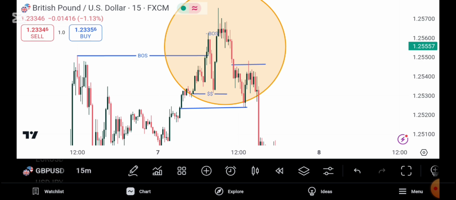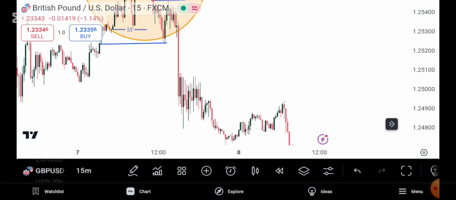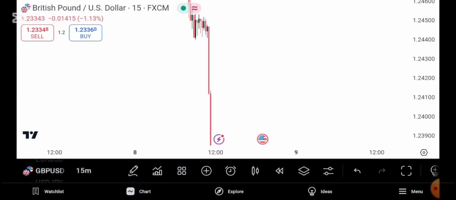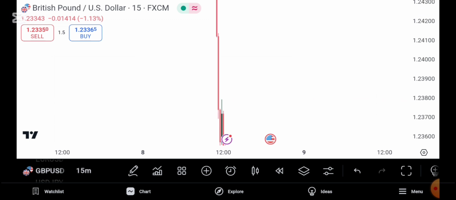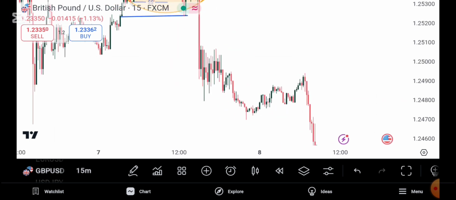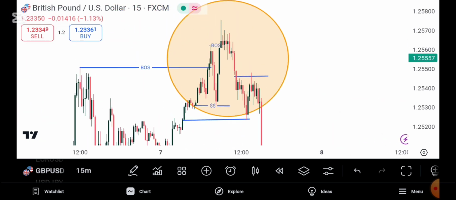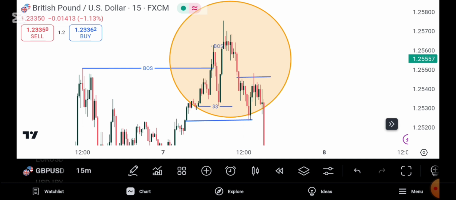So at that point, if you want to enter the market for this big drop and you're using smart money concept, you are supposed to make sure that you monitor that zone and understand how the market works. There are a lot of tricks to make traders miss these big moves.